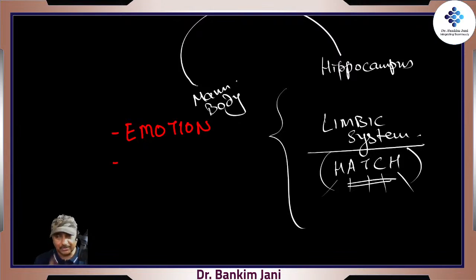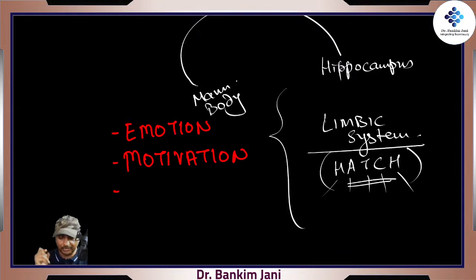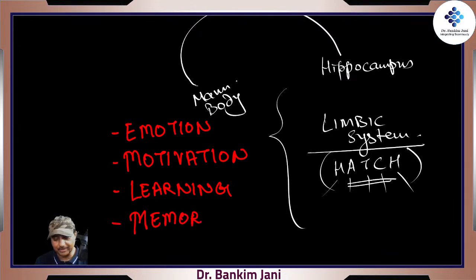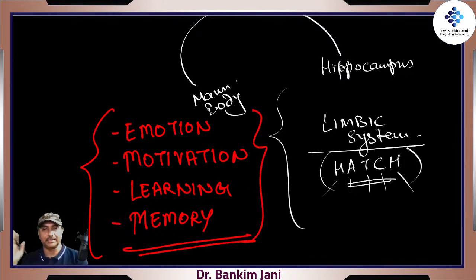It is emotion, motivation, third, learning process, and the fourth, when you are learning with emotions, there comes the memory. This is the circuit taking care of all these things. That's the reason: love your subject, and the subject would love you, and you will never be able to forget that.